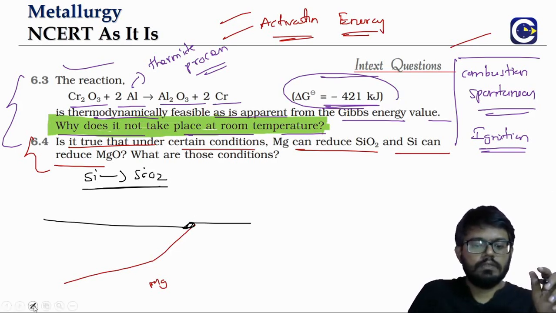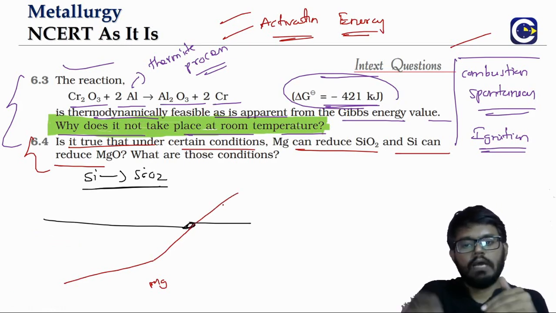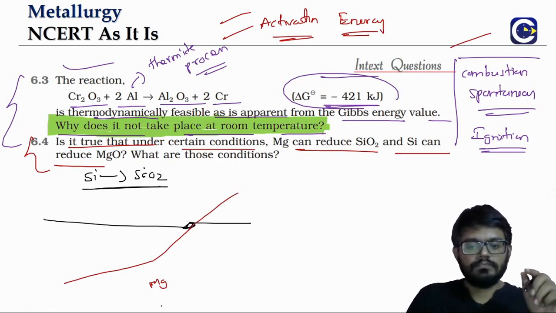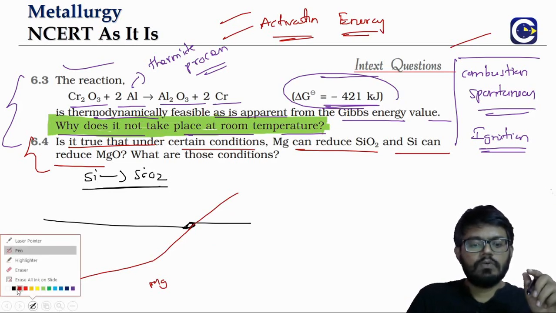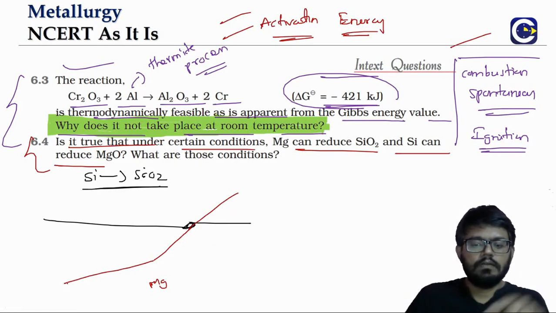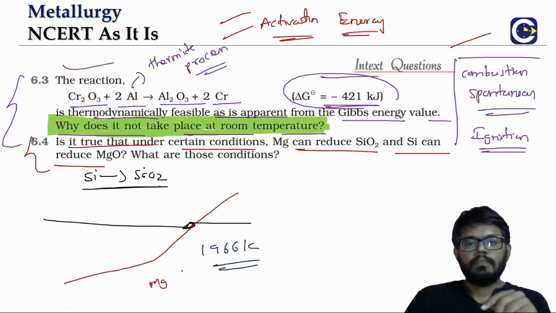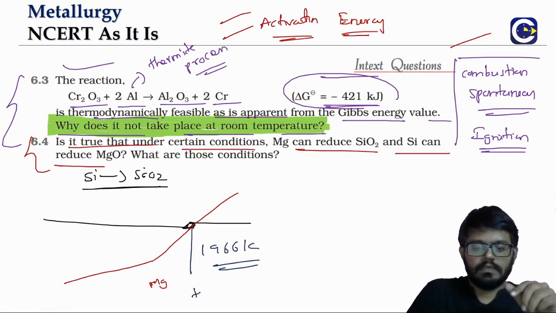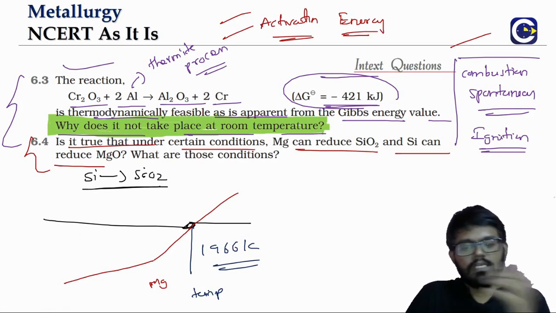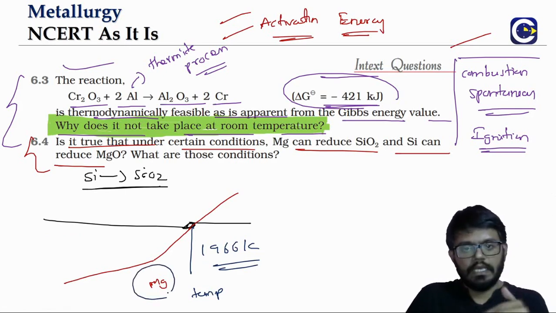Crossover means what? Till that temperature, one curve will be below, and after that temperature, another curve will be coming below. The crossover temperature will be somewhere around 1966 Kelvin. This is the temperature. Below the temperature, what is the curve that is lying low? Magnesium curve.